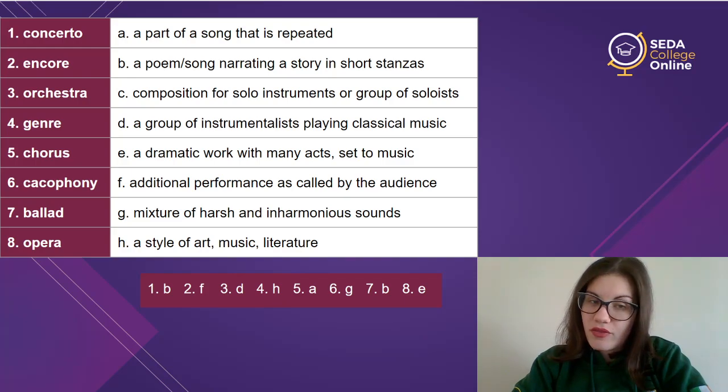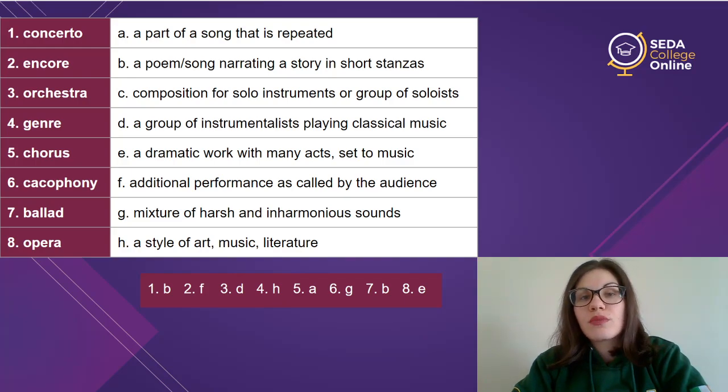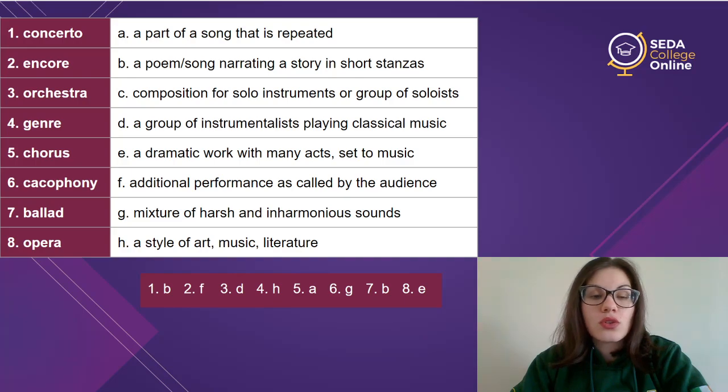It is F. An additional performance as called by the audience. What does this mean? Imagine that you are at a concert, and the singer sings the last song, they finish the performance, but the audience calls them to come back onto stage and perform one more song. So that's an encore.